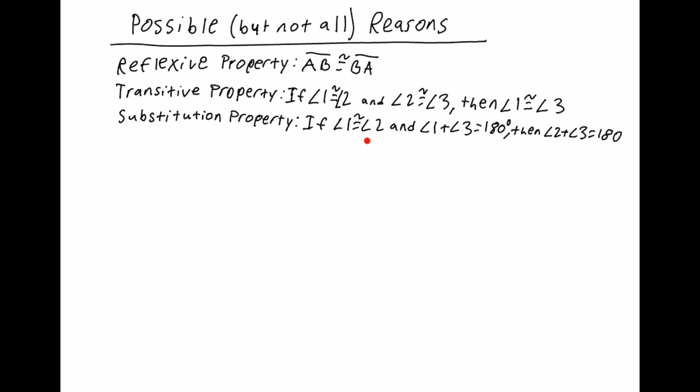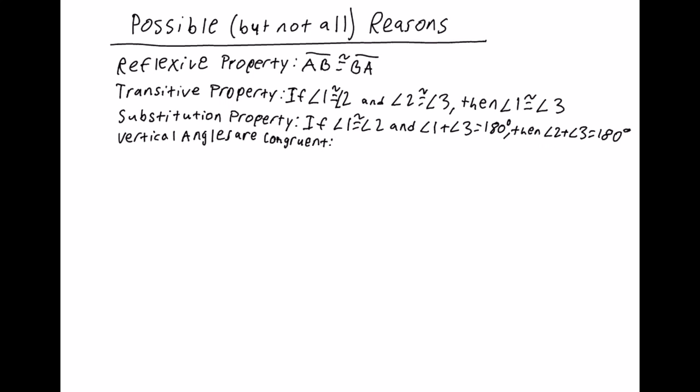If that's true, and say some other statement, angle 1 plus angle 3 is 180 degrees, then you can replace or substitute angle 2 in for angle 1. So angle 1 then becomes angle 2 because of the substitution property.